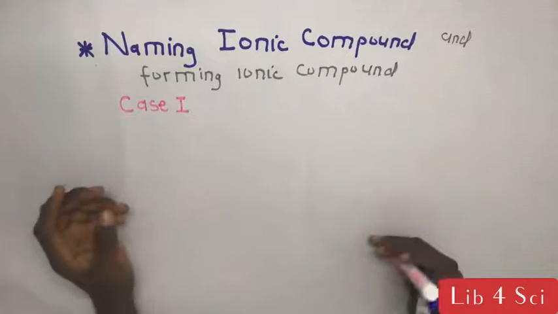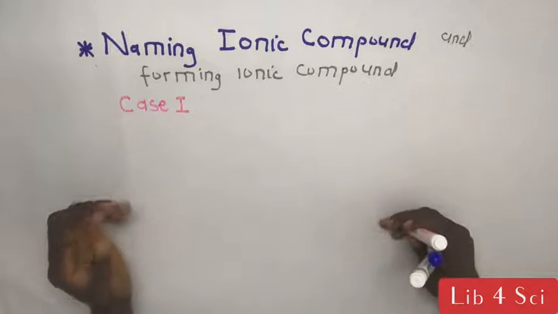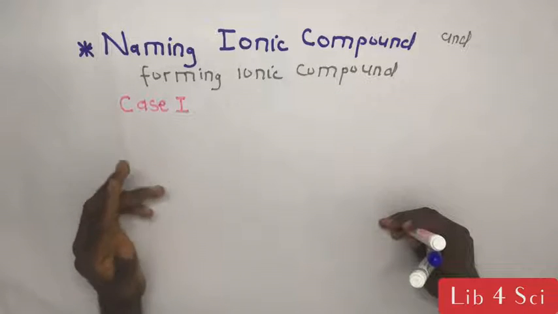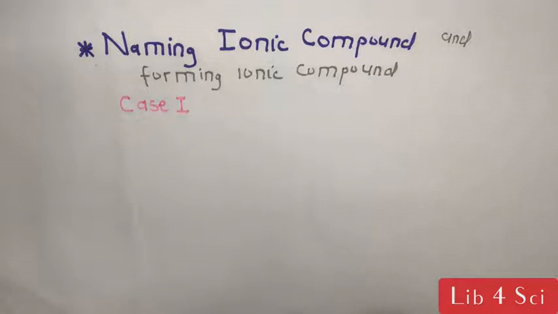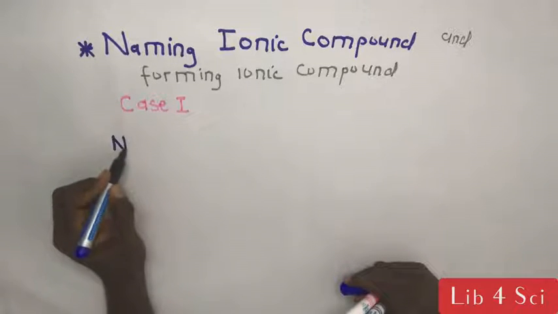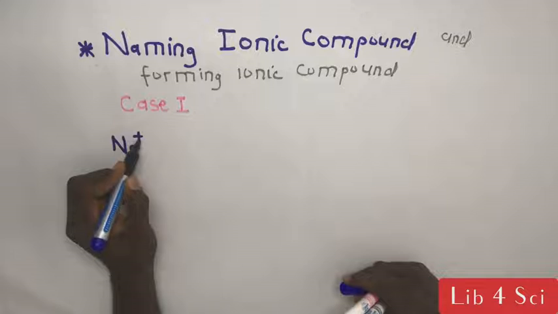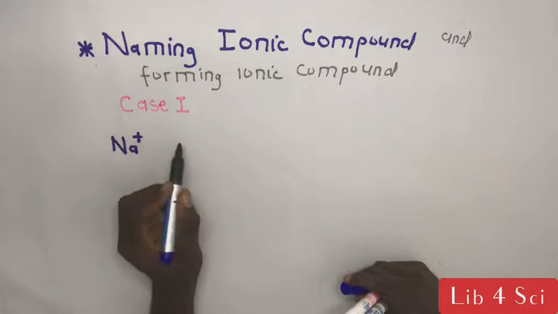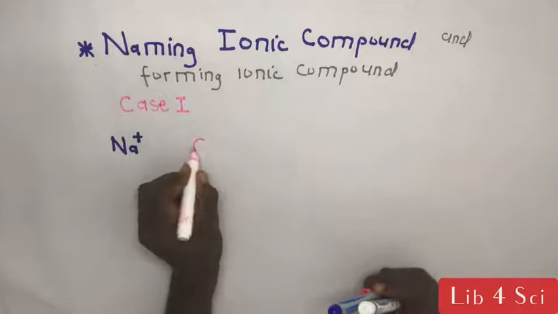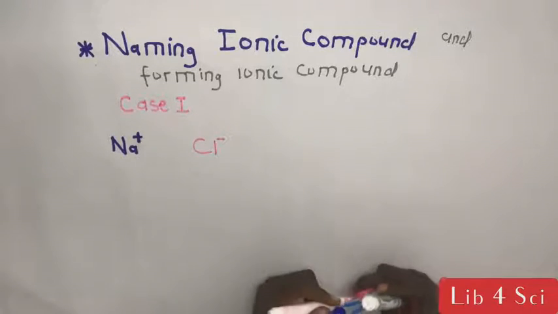Case 1 is where the metal has a fixed oxidation number and the non-metal is one element. So we'll look at an example of that: the sodium ion and the chloride ion.